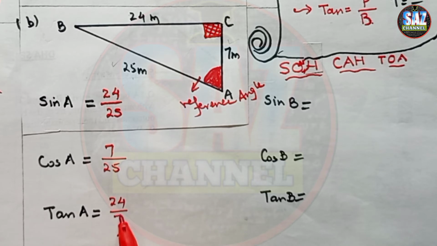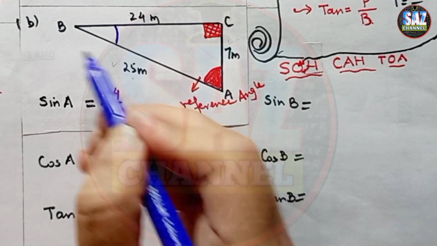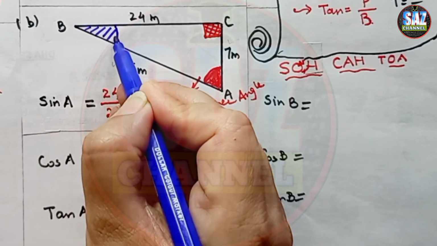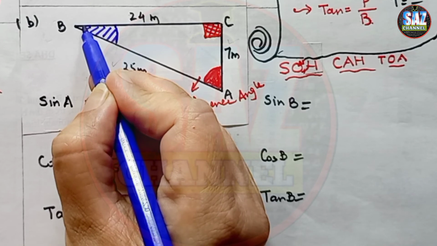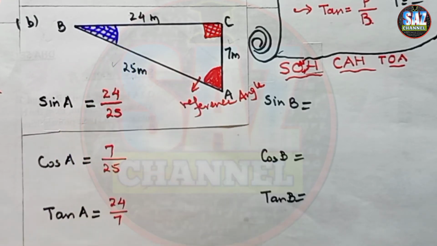You have to learn all these formulas carefully because this topic is an important part of your CIE examination. Coming to the sine, cos and tangent with the reference of angle B, now our angle of interest is angle B. As we know, the hypotenuse will remain the same because it's the face in front of the 90-degree angle, and a right angle triangle can have only one right angle.